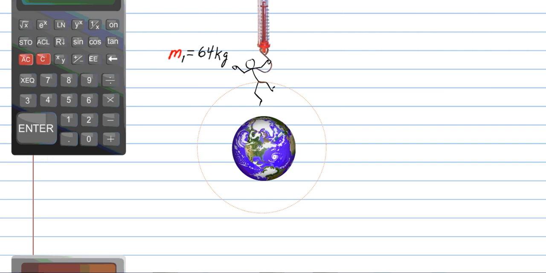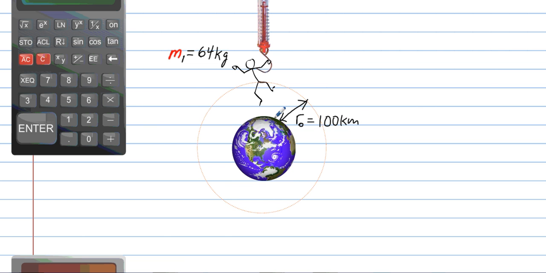We also have to deal with the mass of the Earth, since we are looking at the interaction between this body, this person, attached to a Newton spring scale, and the Earth. For this problem, the person is at an orbit above the Earth equal to 100 kilometers.